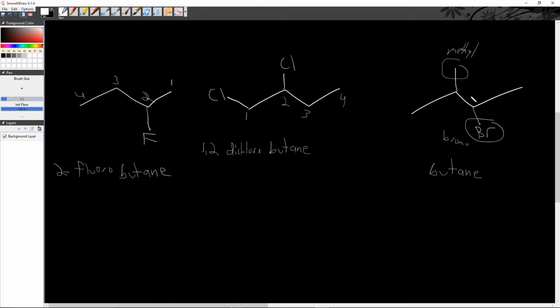Now when I go to put my functional groups in the name, just like we did with methyl and ethyl, I'm going to go with alphabetical order. In this case, I'm not going to be too picky about the numbering, but I want my bromine, which comes first in the alphabet, to have the lower number. So we're going to go 2-bromo, 3-methyl. Apologize for the handwriting there.